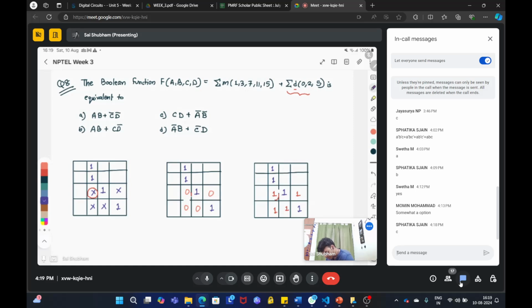So as you can see, in this condition, when I assume don't care as 0, it is difficult for me to make the circuit. It's not difficult, but the expression will not be simplified. Whereas in this case, I can group all of them, and I can group them as well. So it will lead to a very simplified circuit. So I will give you 2 more minutes to solve this.